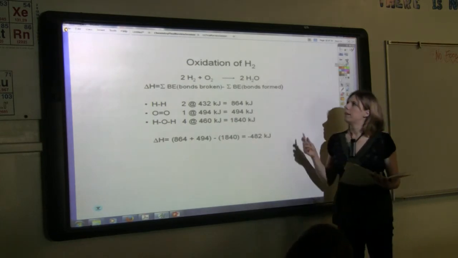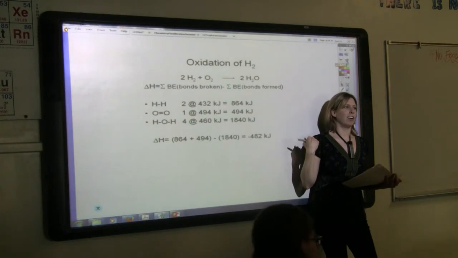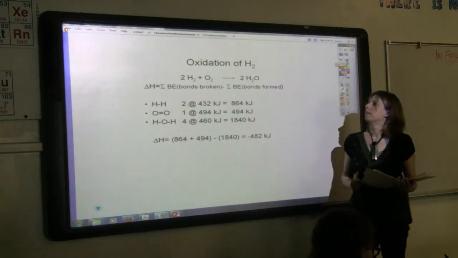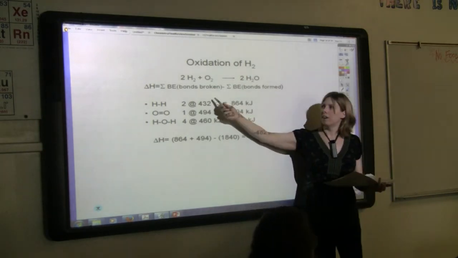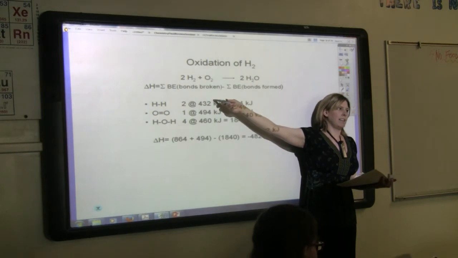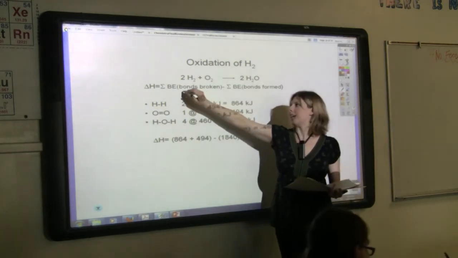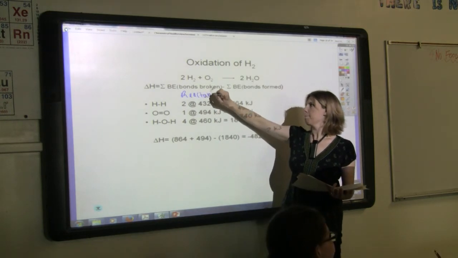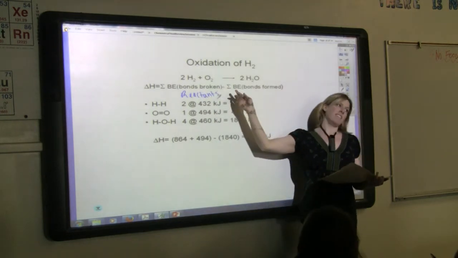All right. Now we have calculating delta H. So remember, delta H is the bonds broken, or in other words, the reactants, minus the bonds formed.